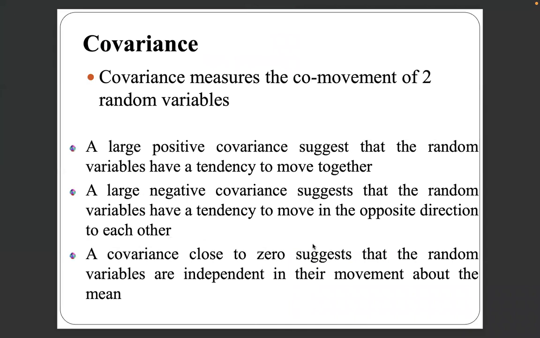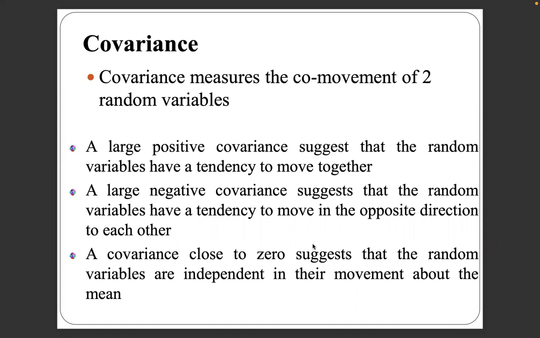Right, let's have a brief idea. What does it mean, these technical values? The covariance. Covariance measures the co-movement of the two random variables, right? Co in the sense two. If we take two securities, then the covariance says what directions they move. A large positive covariance suggests that the random variables have a tendency to move together.